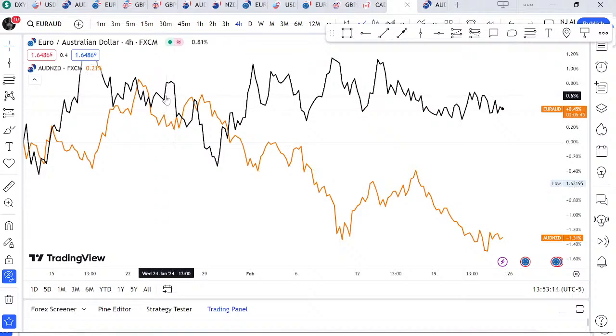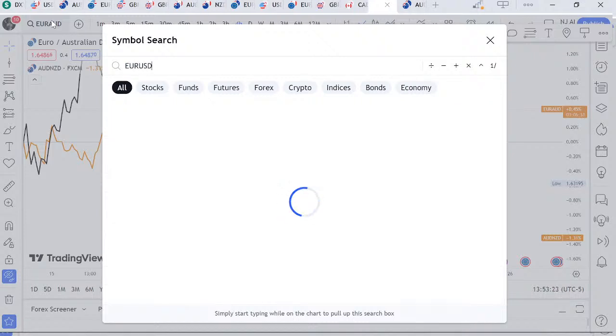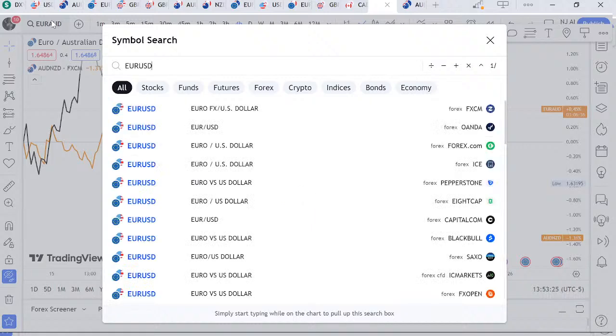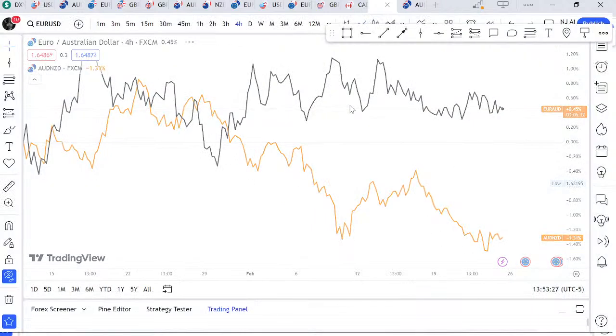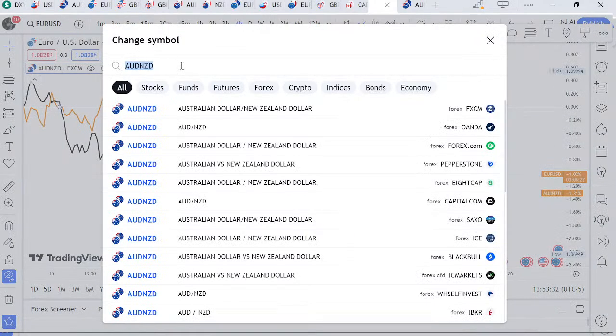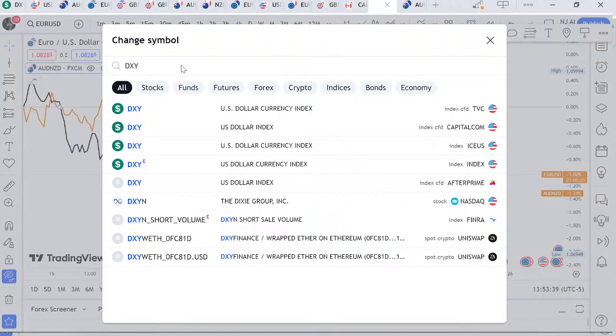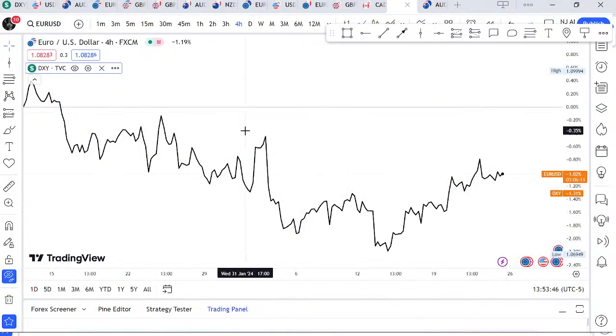You can look at another example of negatively correlated pairs. Let's look at Euro USD, and let's look at the dollar index DXY. DXY is negatively correlated with Euro USD. Let's see how true that is.